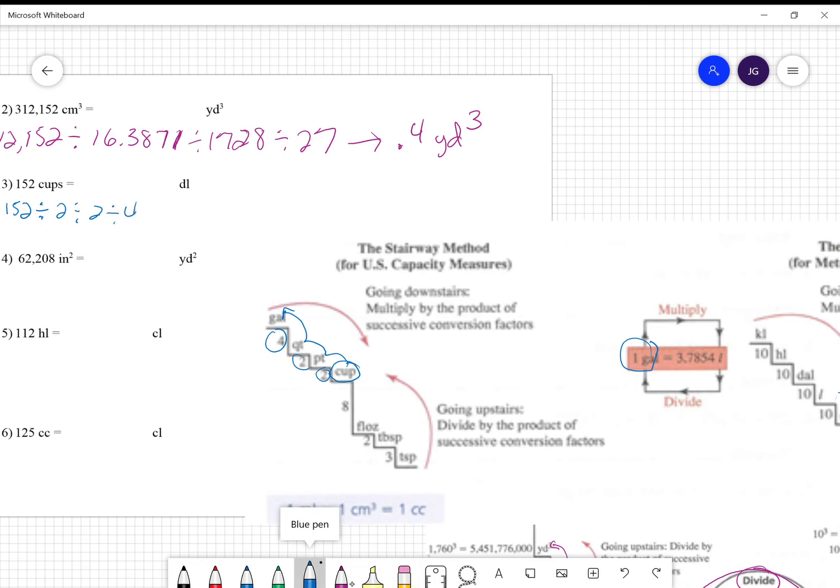Okay, so now I'm at gallons. I'm going to go this direction to get to liters, which is multiply. So I'm going to multiply by 3.7854, which gets me to liters.